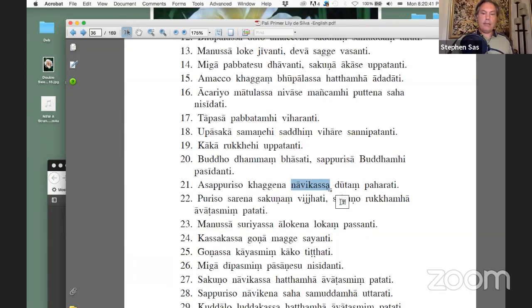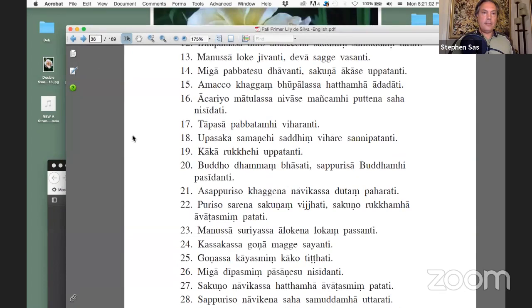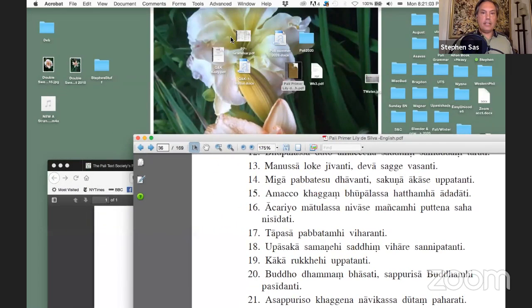Then we have a further piece of information, how it was done, the instrument, in the instrumental case, kagena. Putting that sentence together: a wicked man strikes the sailor's messenger with a sword. I hope if there were any questions about that, it would clear it up.